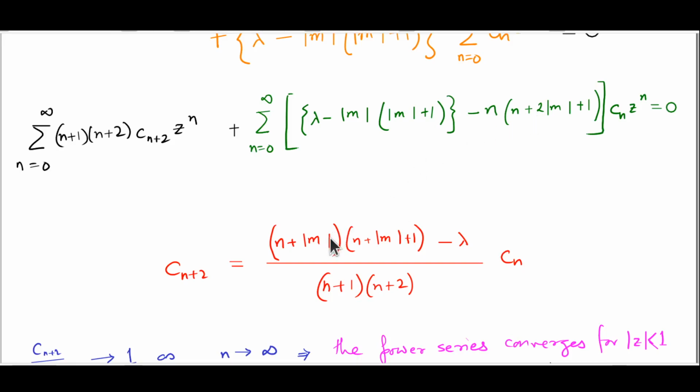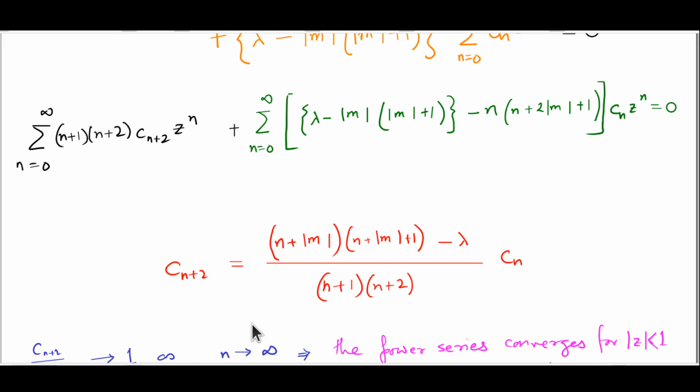We have just done a bit of algebra here so that we have managed to write n into n plus 2 mod m plus 1 plus mod m into mod m plus 1 in this factorized form. Other than that, this is just what you get by taking this coefficient times Cn and dividing that by n plus 1 into n plus 2 after a change of sign, of course. As expected, this gives you a two-term recursion relation, and this tells you that you can find out C2, C4, C6, C8 in terms of C0, and C3, C5, C7, C9, etc. in terms of C1.